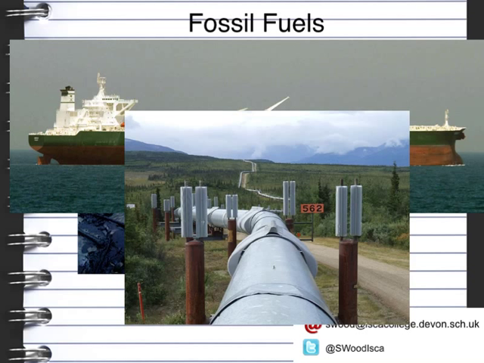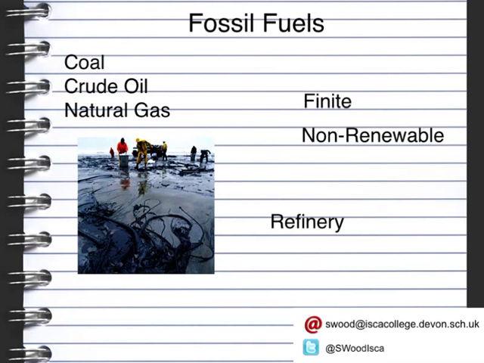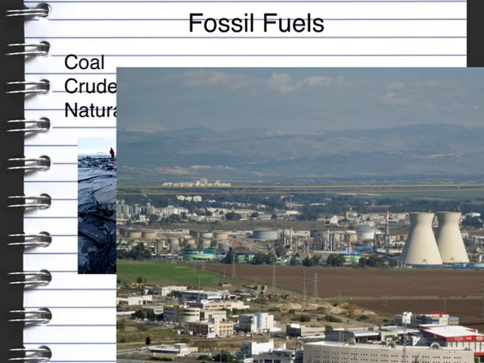Now what it does is it transports the oil from the oil field, which is in the Earth's crust, and it takes it to an oil refinery, such as this one here.